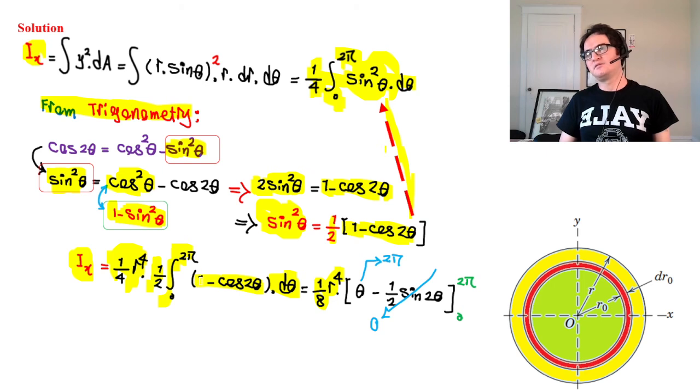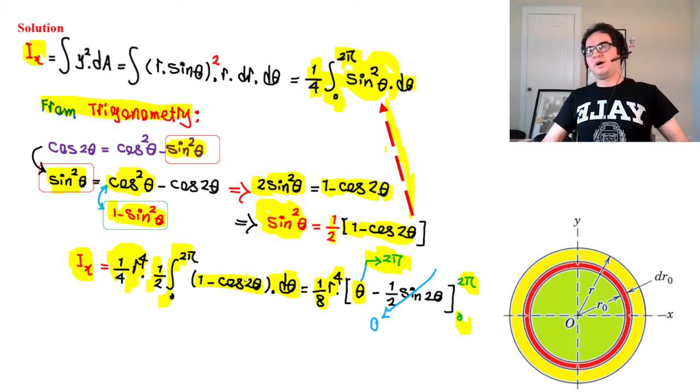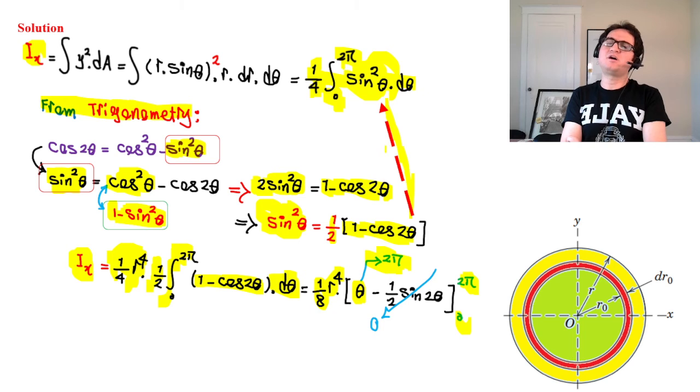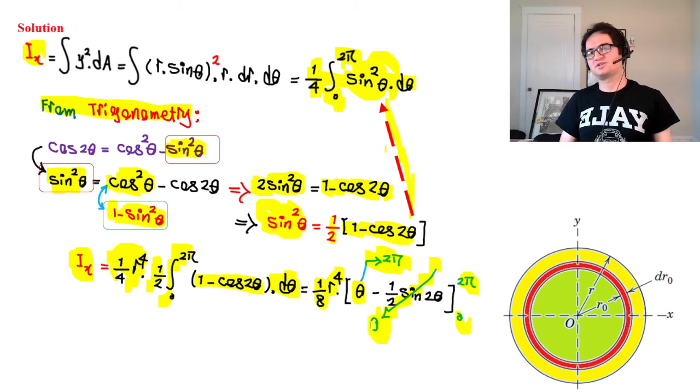Then 1 d theta gives theta from 0 to 2 pi, 360 degrees, which gives you 2 pi. And minus cosine of 2 theta gives a negative half of sine of 2 theta, which goes to 0, because the values of sine at 0 and 2 pi both go to 0.